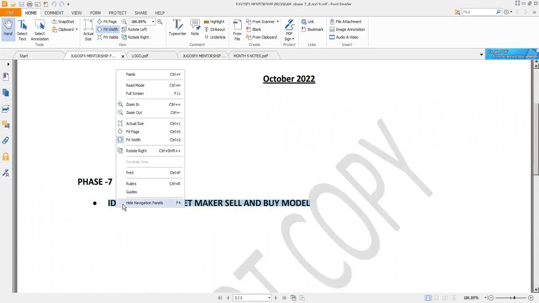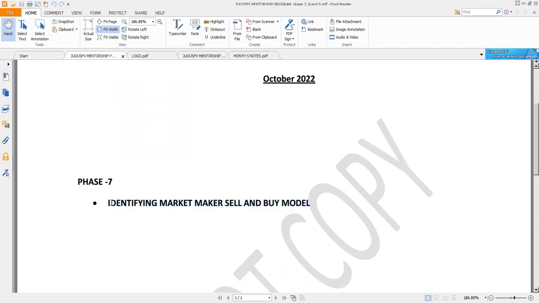This is more of a practical lesson, so I'm going to be doing more of the lessons on the chart. Let's get straight to the chart.